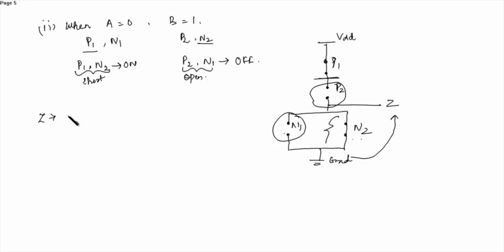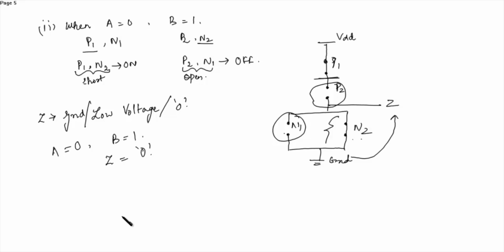So Z is ground, or you can say low voltage, or you can say it's 0. So when A is equal to 0, B is equal to 1, then Z is 0. Now let's see the next condition.